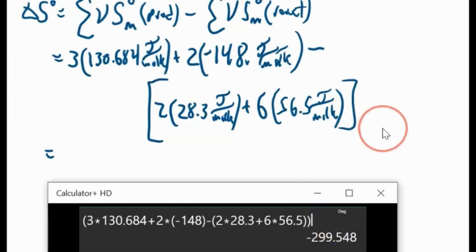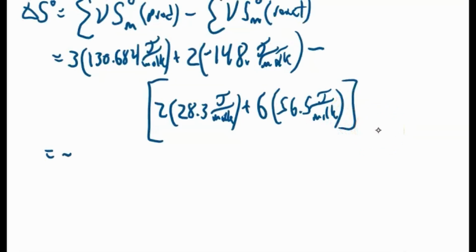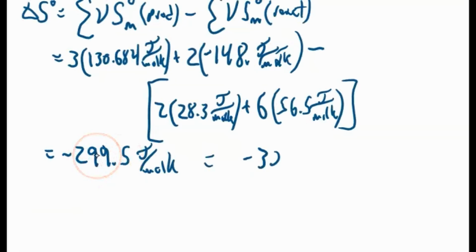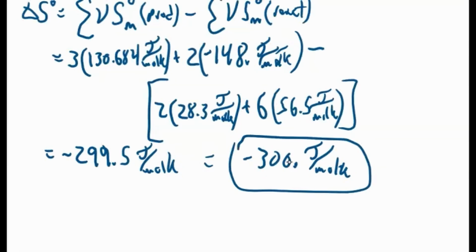Yep, so negative 299.5 joules per mole Kelvin, although we only have precision to the ones place value because of the AlCl3. So we'll say it is negative 300., with that decimal to say that we have 3 sig figs, joules per mole Kelvin.